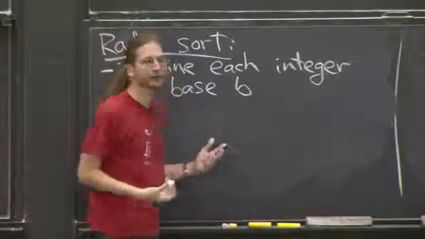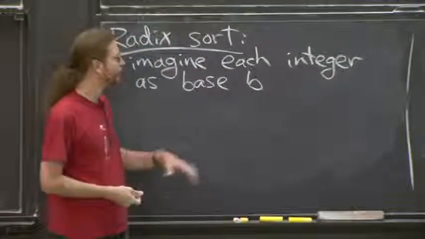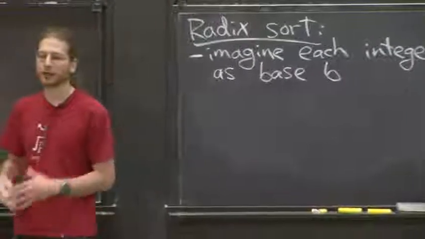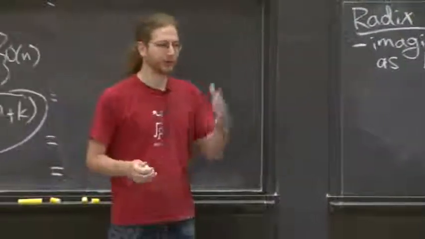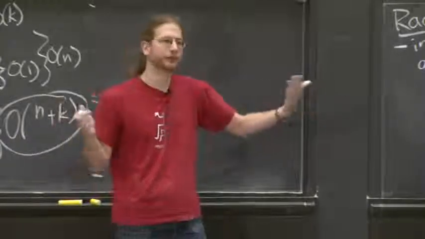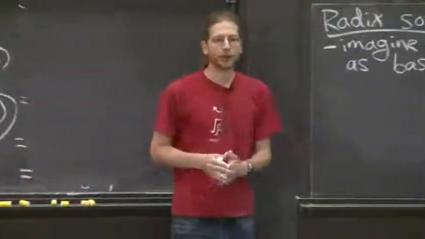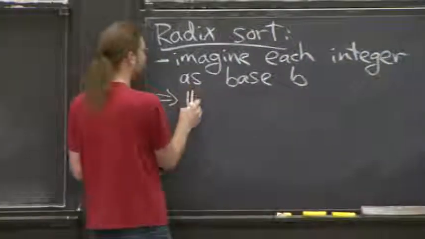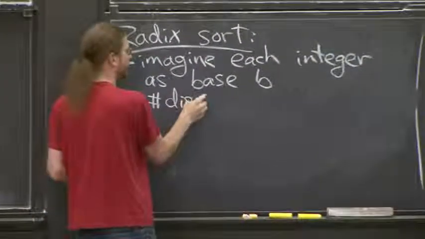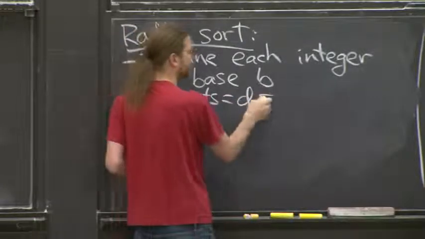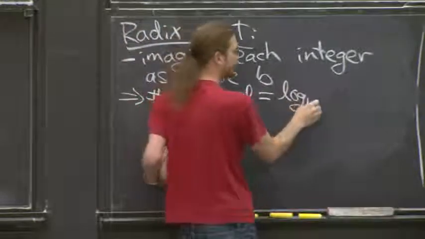Well, the way we normally write down numbers, except not necessarily in decimal, in some arbitrary base b. So when I say, oh, integer in base b, well, then there's the least significant digit, and then the next one, and the next one, and the next one, some sequence of digits. And if I know that the maximum value is k, I know that the number of digits, which I'm going to call, for each number, which I'm going to call d, is just log base b of k.